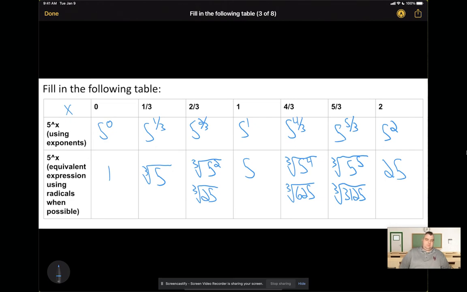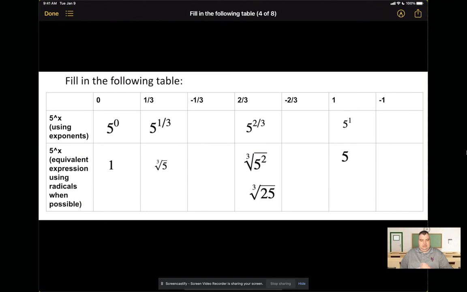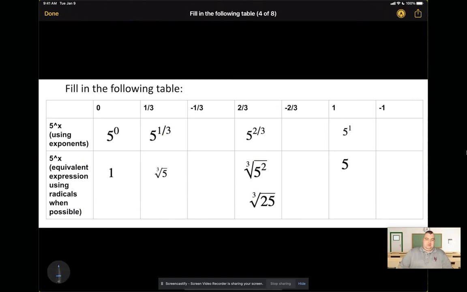Okay. Let's look at the next set of examples. So this is partially filled in already because we did 0 to 1/3 in the last table.